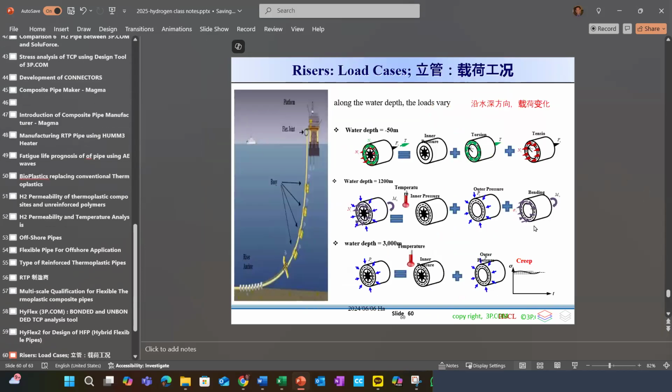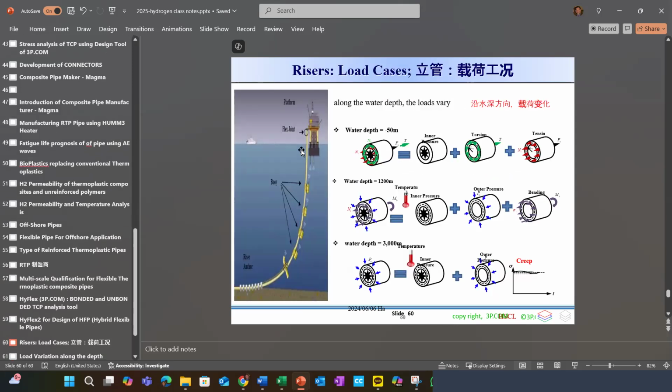Imagine this pipeline can also be used as a riser for oil and gas. In the seabed, there can be a lot of oil and gas, and using this pipe, we can extract it. This can be as deep as 3,000 meters. Depending on the location, this pipeline system can be subject to different loads. Here is a lot of external pressure, here a lot of axial load. So the loading condition can vary from position to position.